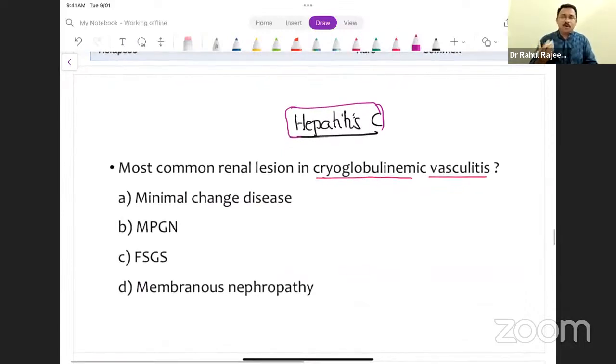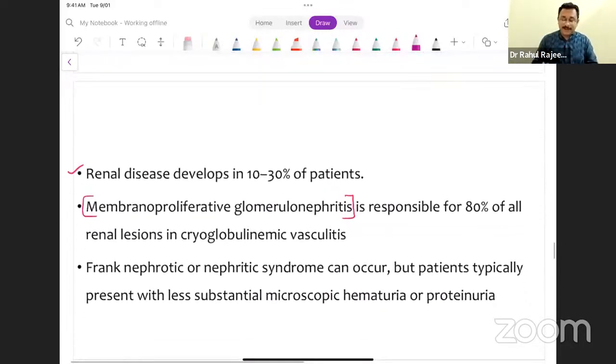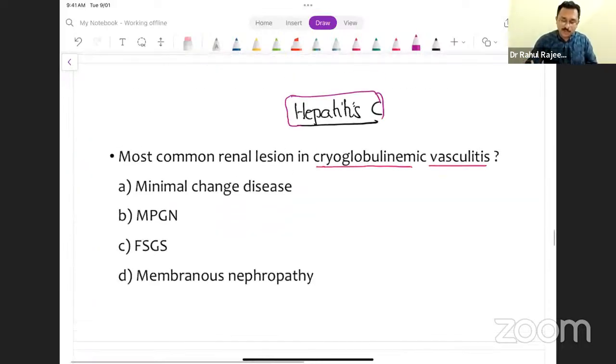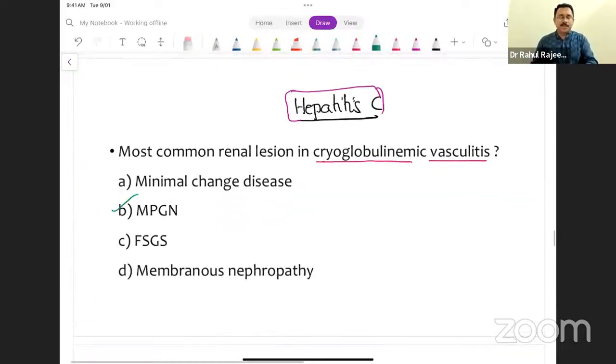Very, very important. It is a previous question as well. So patients can develop frank nephrotic or nephritic syndrome. But most of the time, the patient presents with milder degrees of glomerular involvement in the form of microscopic hematuria or proteinuria. So the answer for this is option B.